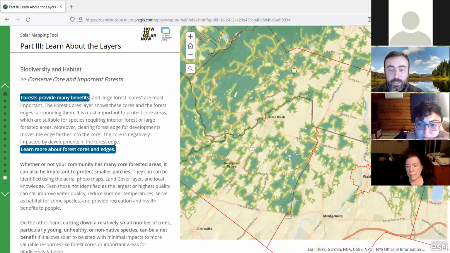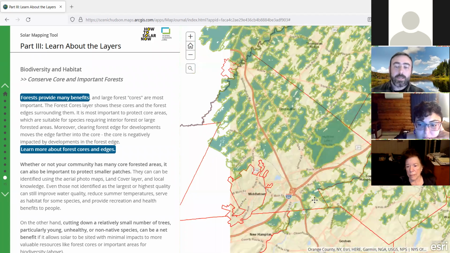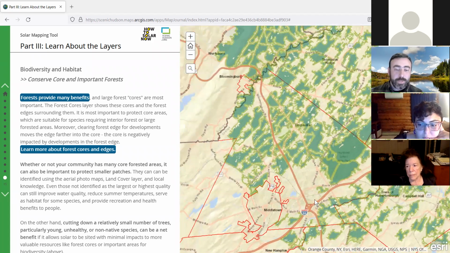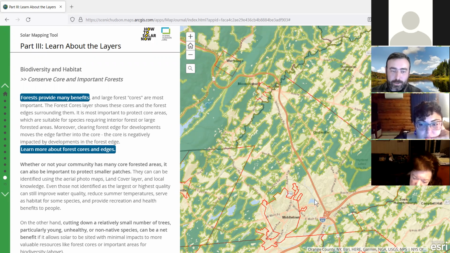And in those cases, every little fragment of forest is going to be extremely valuable. So again, it's a value judgment, and it's weighing the benefits of forests, the benefits of solar. But if we go back to our 4 steps of smart solar planning, if we optimize our opportunities, those win-win locations, the old mines, the rooftops, the parking lots, hopefully there's plenty of room for solar without having to get into forest edges, let alone forest cores.